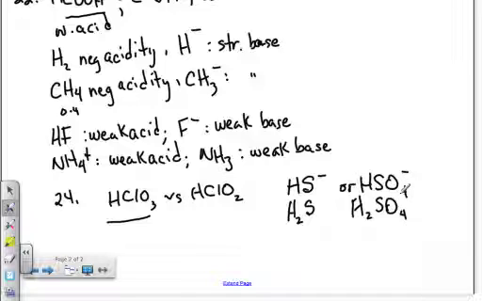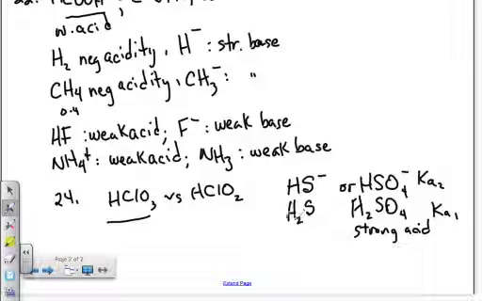Okay, so this is a strong acid with an extremely large, not even measurable Ka. HSO4- is going to be weaker. The Ka2 is always going to be smaller than the Ka1.